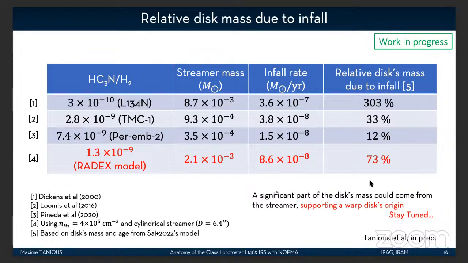So what you should retain here is that depending on the abundance, we can have significantly different results, but a significant part of the disk mass could come from the streamer, supporting the warp disk origin that I showed you earlier. So stay tuned to have the final results. They should come out soon.